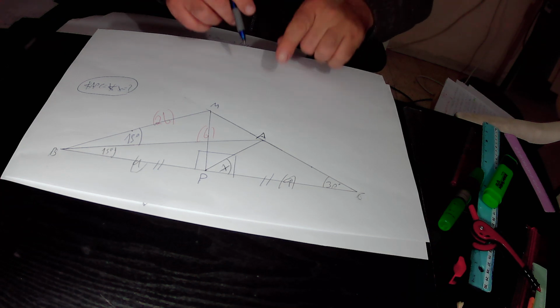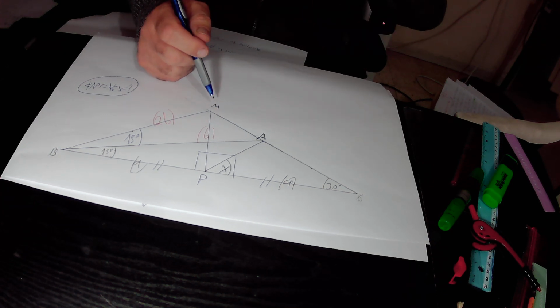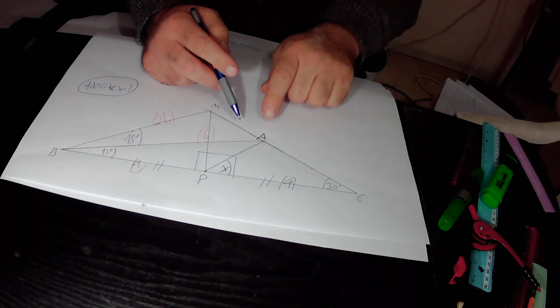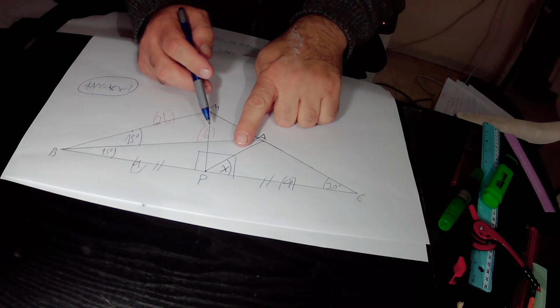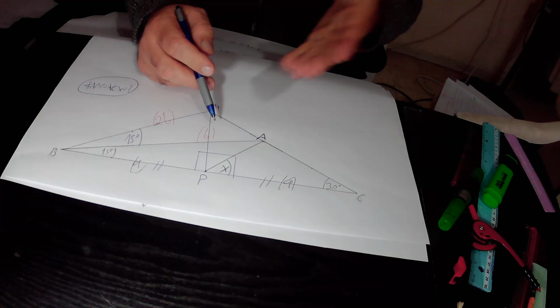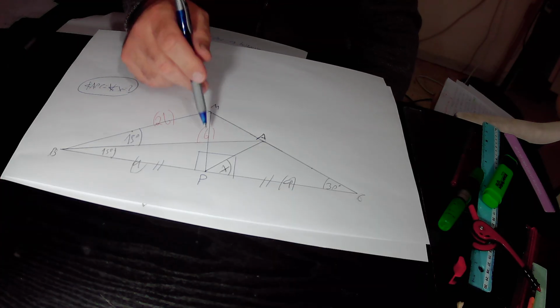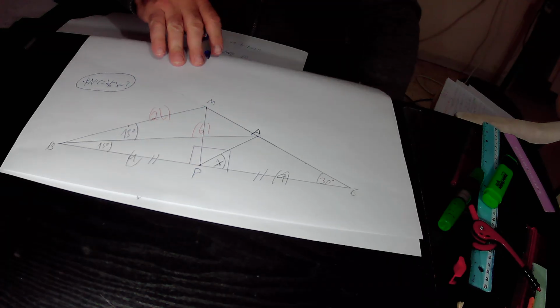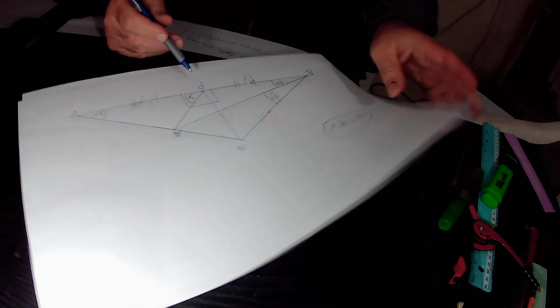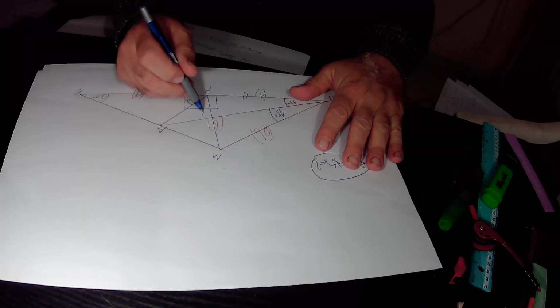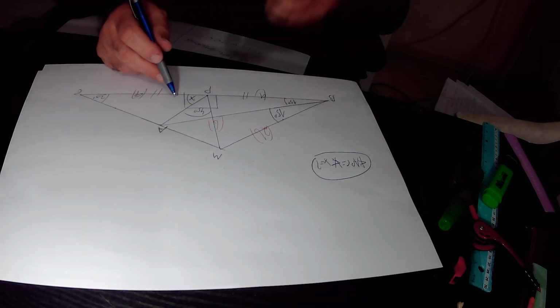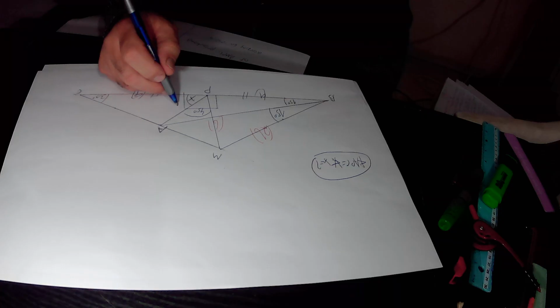So if line segment AP is the angle bisector of this triangle MPC, it means that it bisects this angle, that is a right angle, into two halves. Each half, of course, equals 45 degrees. So the first half, angle MPA, equals 45 degrees. This is half of 90 degrees. The second half must also be equal to 45 degrees.